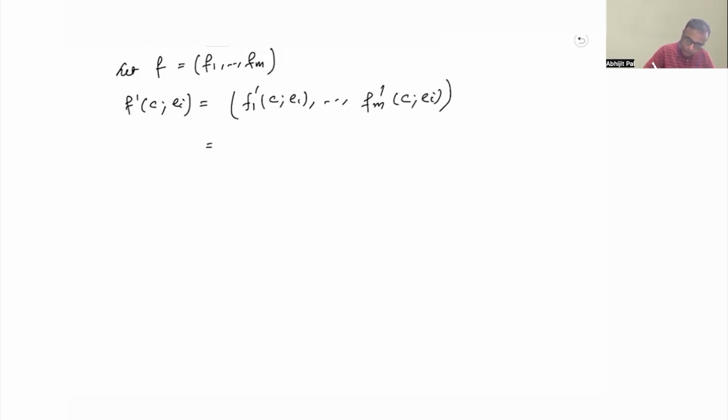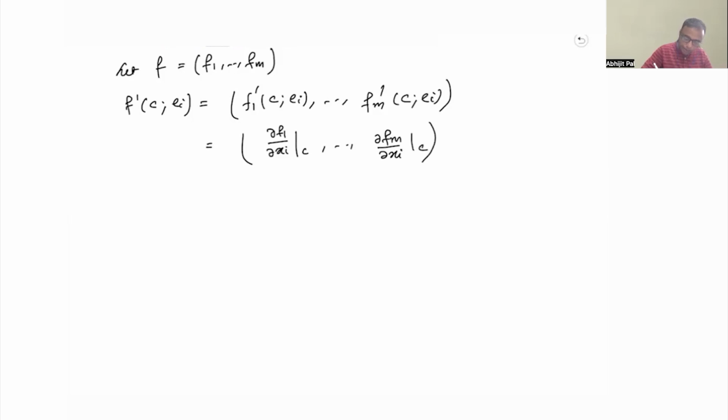This is the partial derivative. So this is my ei: del f1 del xi evaluated at the point c, and del fm del xi evaluated at the point c.